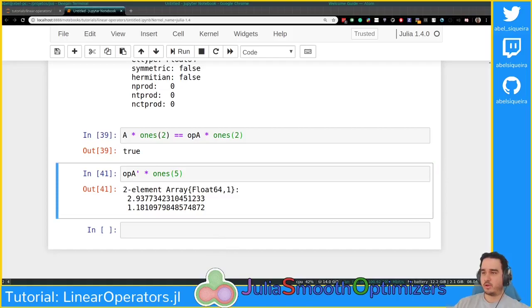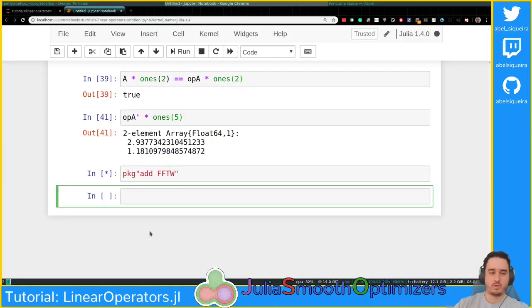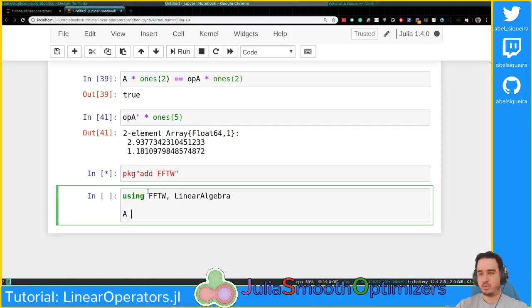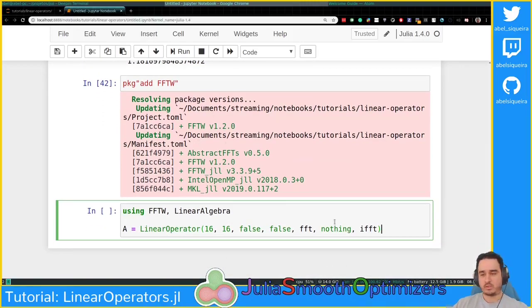One use of linear operators can be, I'm gonna copy an example here, for fast Fourier transform, okay? So I'm just gonna copy this example of fast Fourier transform. Okay, FFTW is installed.